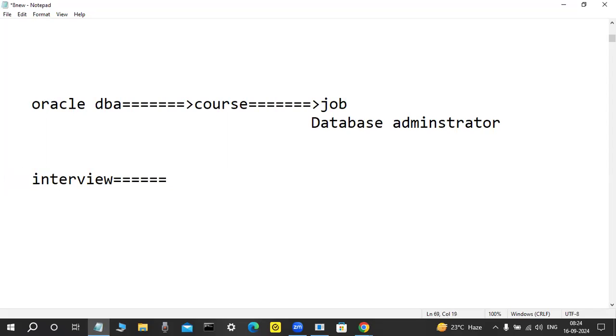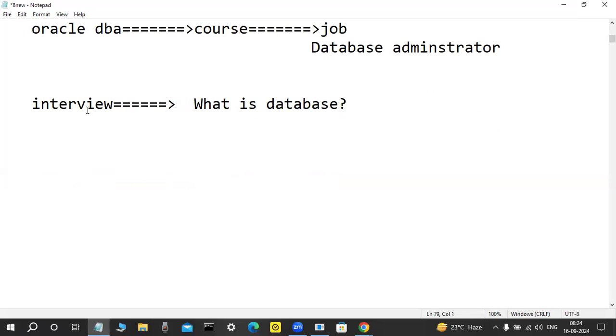Whenever you are attending the interview, maybe the interviewer asks, what is database? They're asking, for example, what is database? Whenever they ask what is a database, what do you say, with bookish knowledge? Yes, it is a structured collection of data.